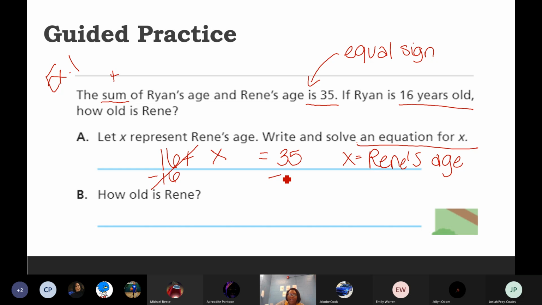So if I subtracted 16 on my left side, I need to subtract 16 from my right side as well. Use your calculators, please. What is 35 minus 16? 19. Okay, so X is 19. Renee is 19 years old.